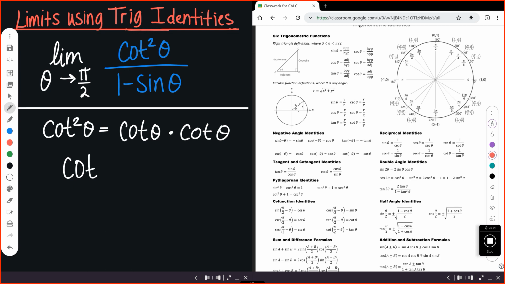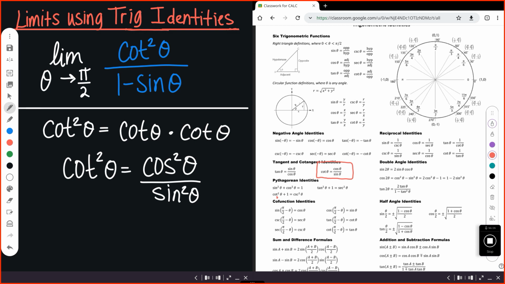Cotangent, and let's make it a square, theta is equal to cosine squared theta over sine squared theta. Again, I'm using that identity. And based on math principles that we know already, cotangent squared is just cotangent theta times cotangent theta.